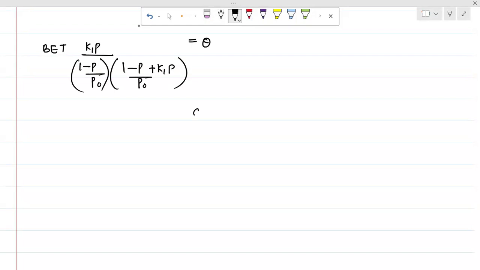We already said that if we have a gas in combination with a substrate moiety, it becomes GS with an equilibrium constant of K1, right?